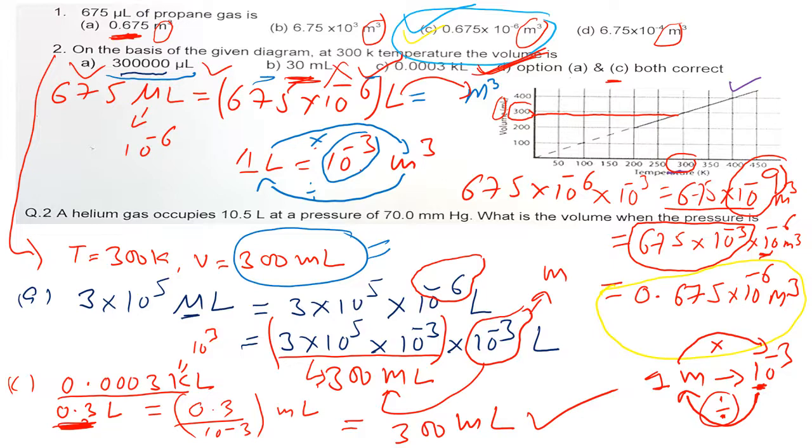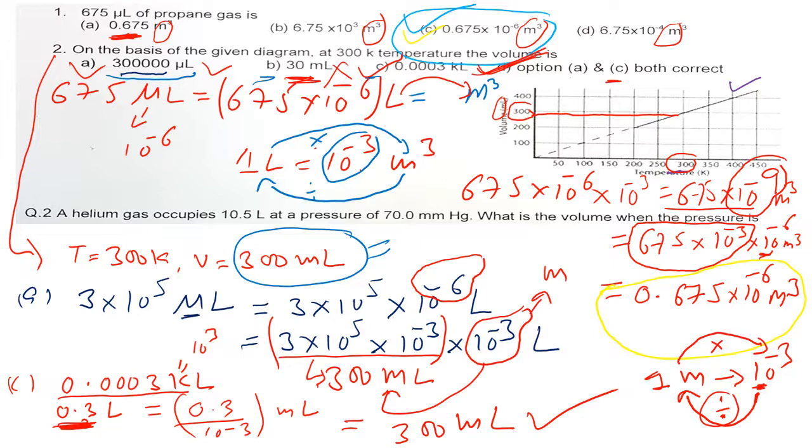So you have to change this into meter cube. The value given is 675 microliter.